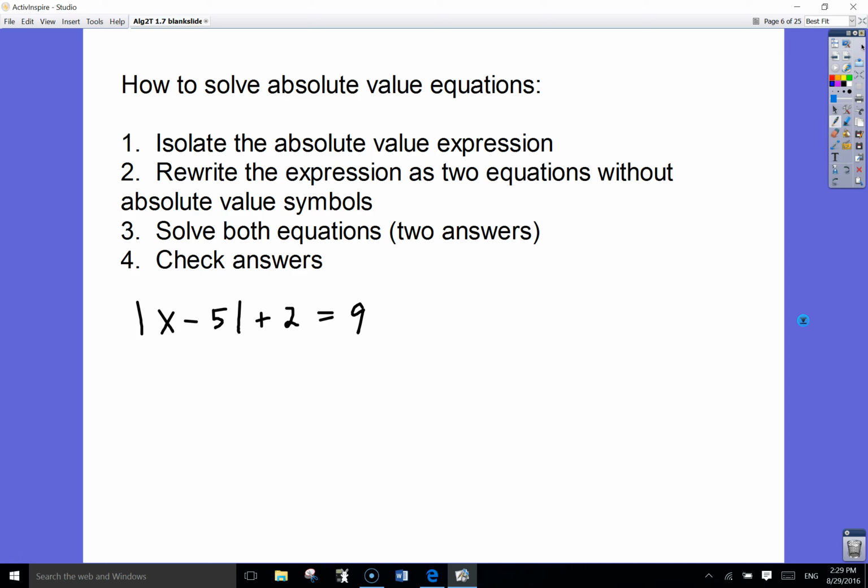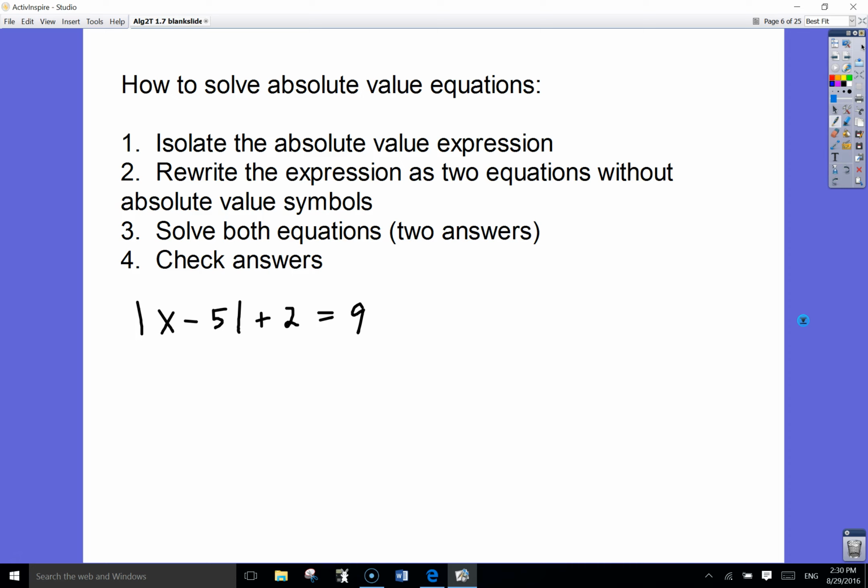Okay, now we're going to get into the meat of this lesson, which is how do we solve absolute value equations and inequalities? We're going to start with absolute value equations, and these are some basic steps. The first step is, if you're given an absolute value equation in which there is more than just the absolute value symbol on one side of the equal sign, you need to isolate that absolute value expression.